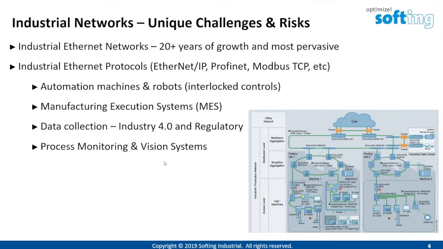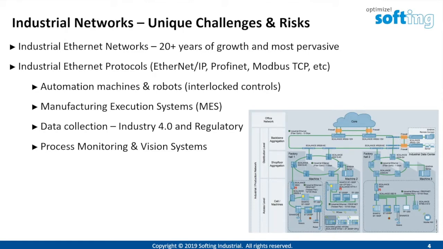So, just a little background: industrial networks, unique challenges and risks. I've been in the industrial network industry for 20-plus years now. Industrial Ethernet is well accepted, deployed and used extensively, and growing. All the automation suppliers, including Siemens with Profinet, have firmly embraced it.